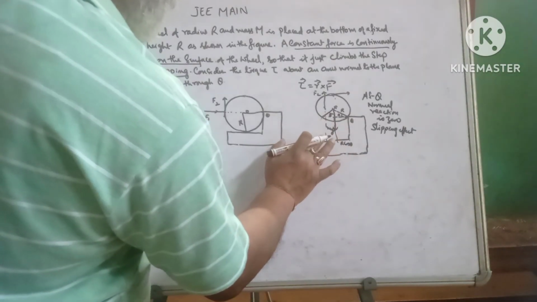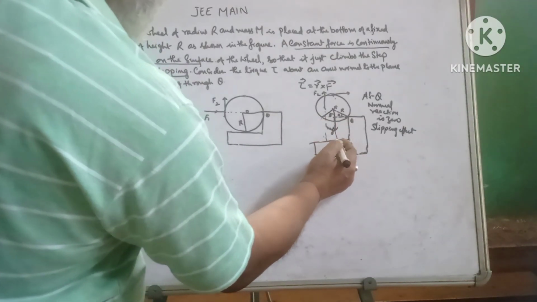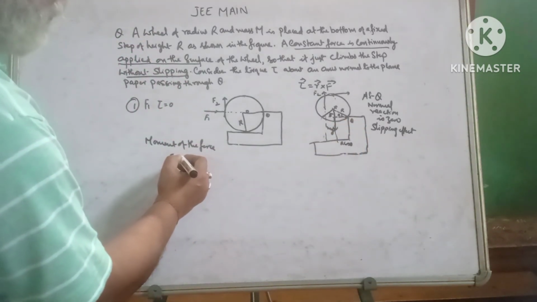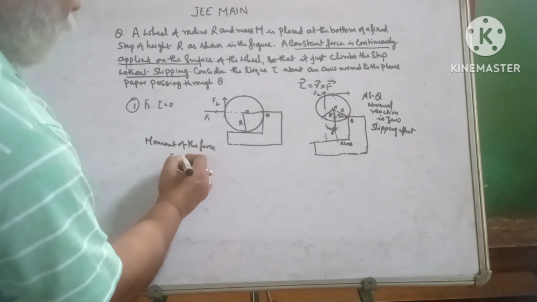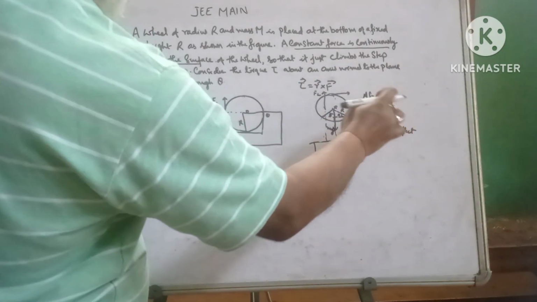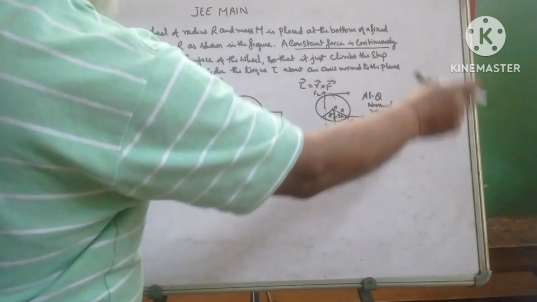So about Q it will be F2 into 2r cos theta, and this will rotate in the anti-clockwise direction.